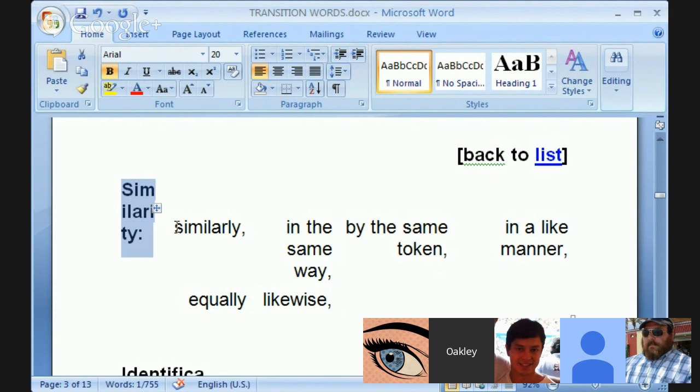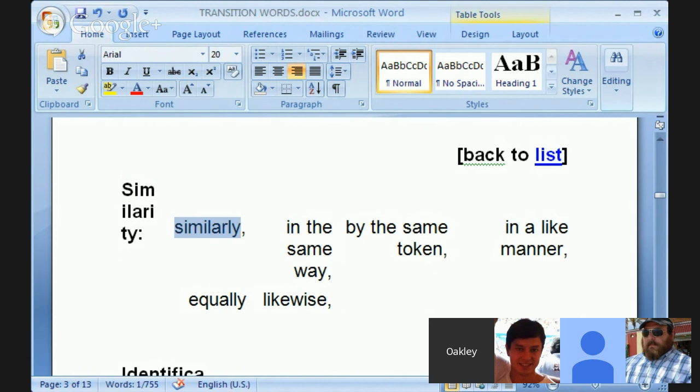You can use these also at the beginning of the sentence. The Earth is made of a lot of carbon and heavy metals. Similarly, the Moon is also constructed of such materials, something like that.